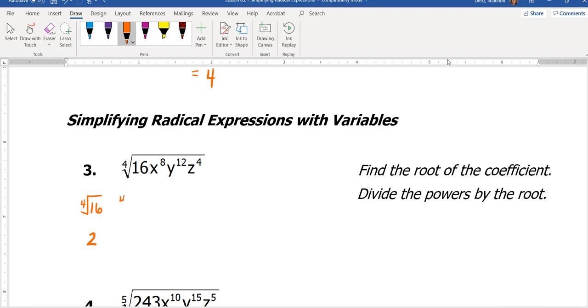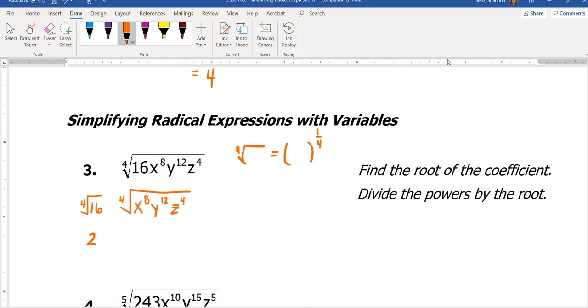Now, the last part we have here is the fourth root of everything that has a variable. So y to the 12th and z to the 4th. Now, we mentioned before that when you take this root, the fourth root is the same thing as taking something to the 1/4 power.